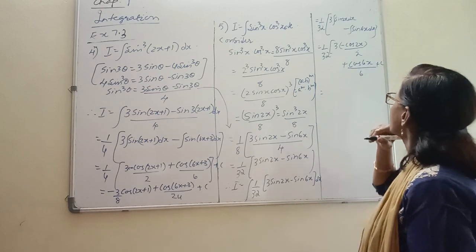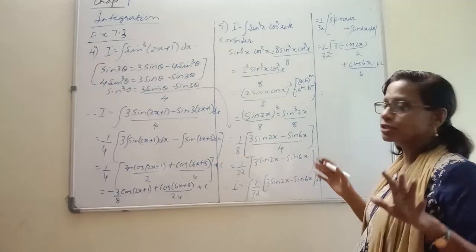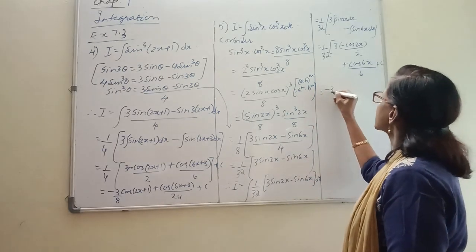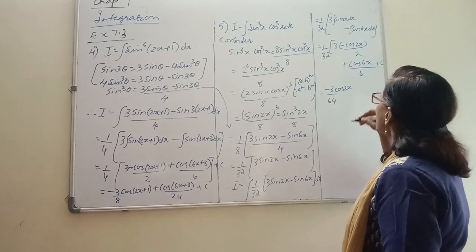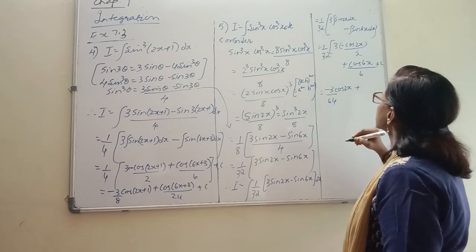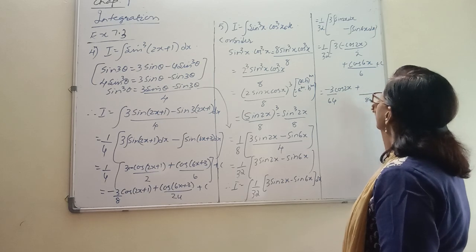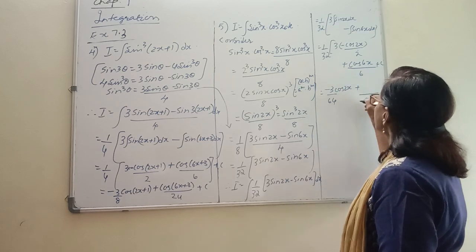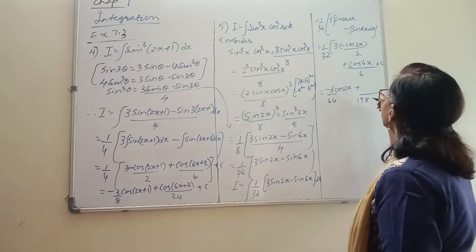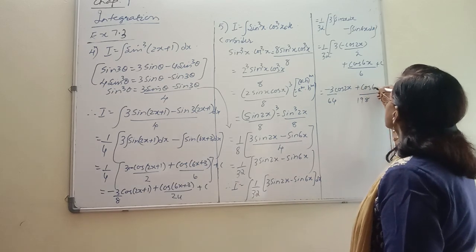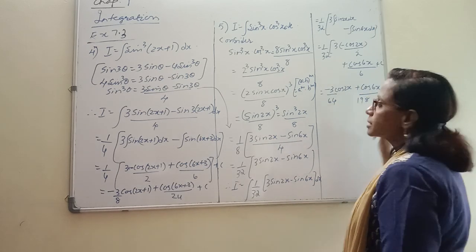If we open up everything together, it's going to be minus 3 over 64 cos 2x, and for the second part, 32 times 6 is 192, so 1 over 192 cos 6x, plus c.